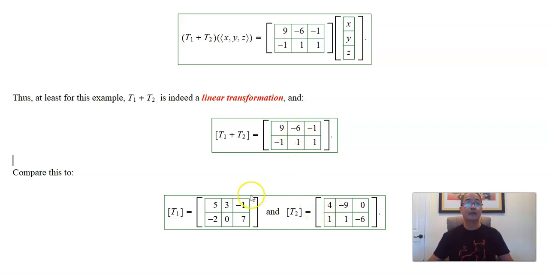Where did negative 6 come from? 3 minus 9. So, of course, the entries of the matrix for T1 plus T2 are simply the sums of the pairs of corresponding entries in the matrix for T1 and the matrix for T2. We will generalize this a little bit later.